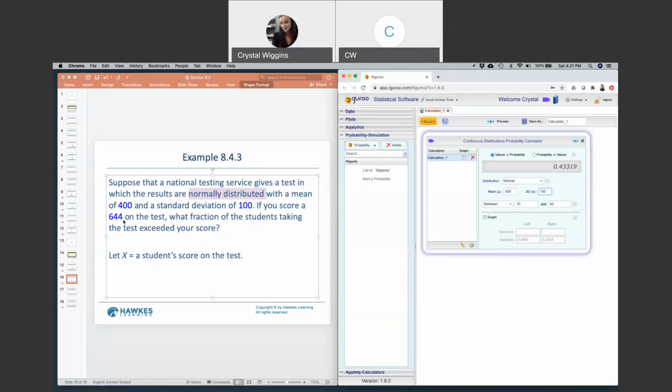If you think of the number line, the larger numbers or better grades are on the right side of the number line. So that's how I knew it was a right-tailed test. So I'm going to do above a score of 644. And I can see that it is very low. 0.73%. Okay, that is less than 1% of students did better than me on the test.